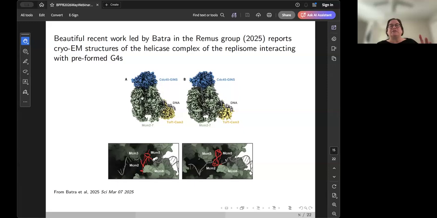They've got structures here at about 3.2 angstroms and 3.5 angstroms. They actually caught two different orientations of the G4 in one of the pockets here, which is just remarkable when you think about it.